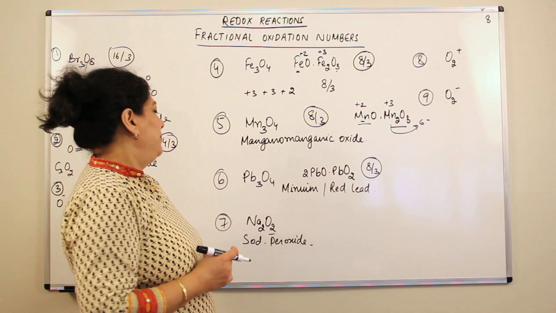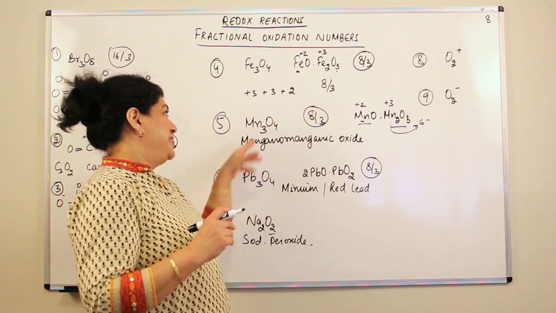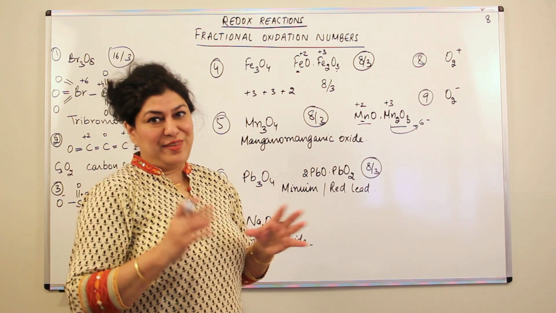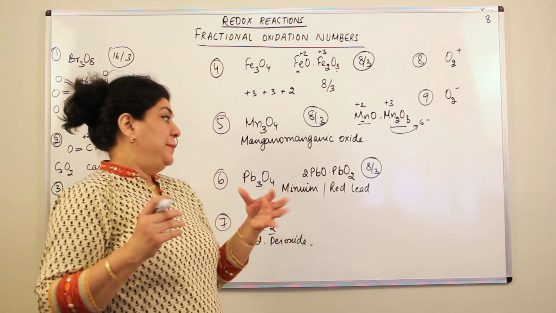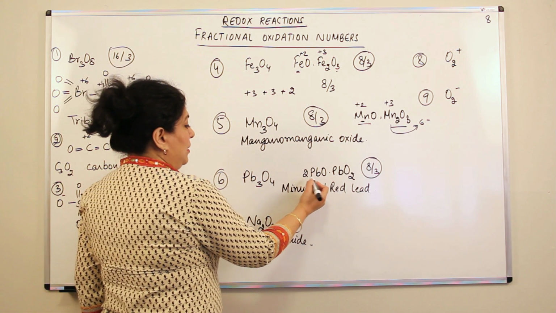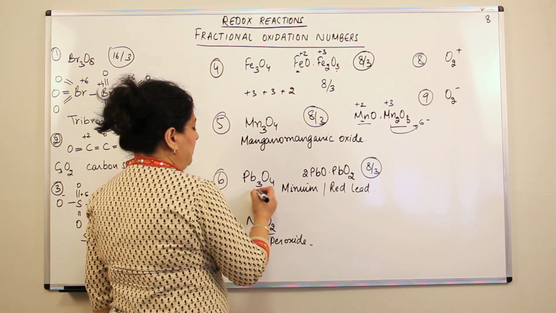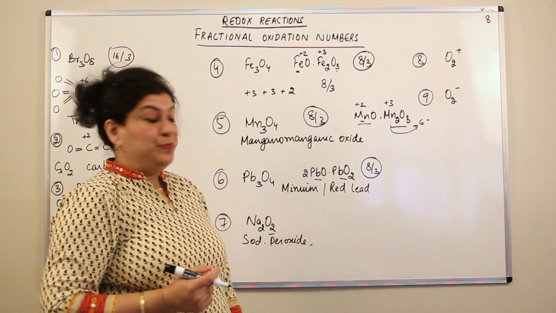The third example of mixed oxide is Pb3O4. It appears to be a very similar example, but in this case the formula of each oxide is different. Lead is also present in two different oxidation states. In this example, Pb3O4 is made up of PbO and PbO2.